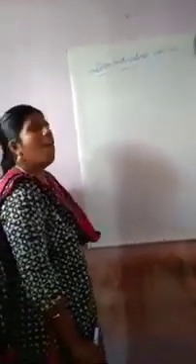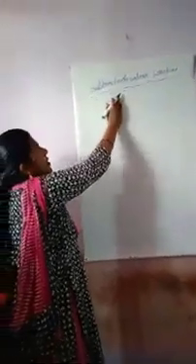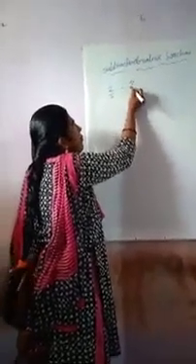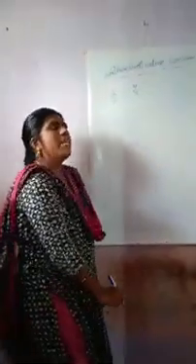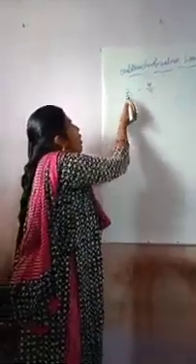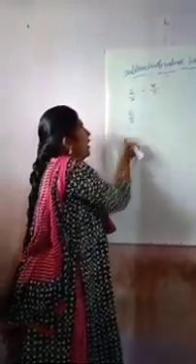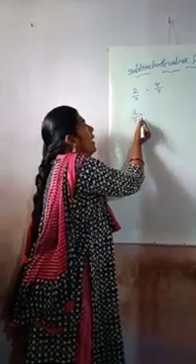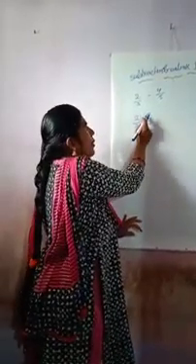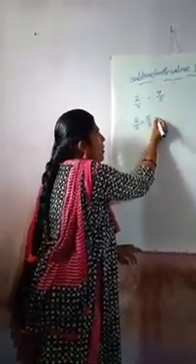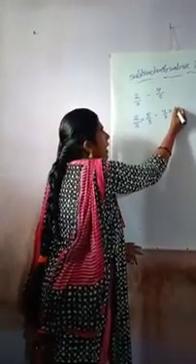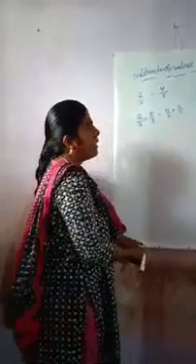So, subtraction of unlike fractions. Next, subtraction of unlike fractions: 2 by 3 minus 4 by 5. First step: the LCM of 3 and 5 is how much? 15. For the first fraction, multiply the numerator and denominator by 5. For minus 4 by 5, multiply the numerator and denominator by 3.